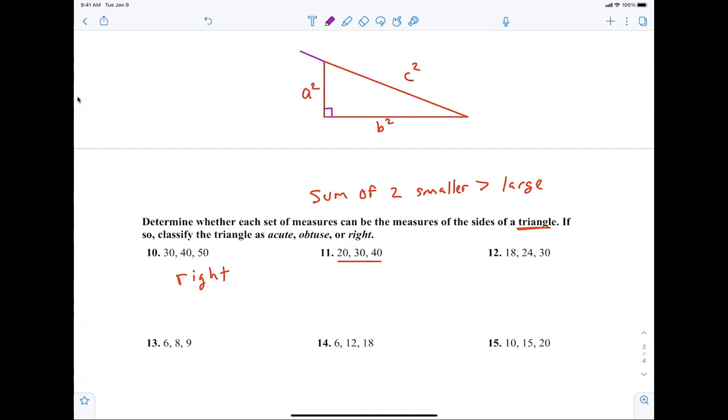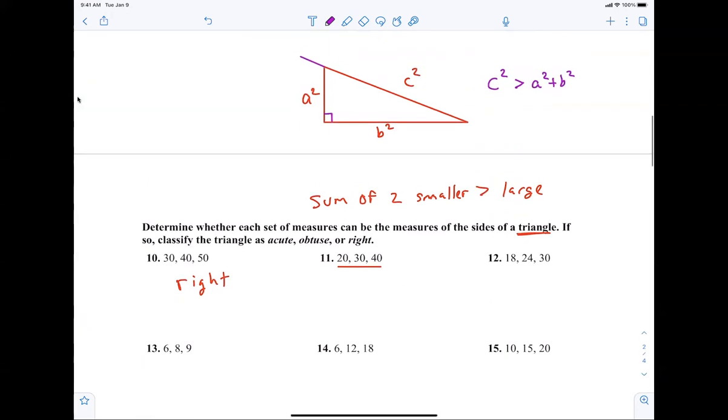So in my mind, if c squared is greater than a squared plus b squared, it's obtuse. But if c squared is less than a squared plus b squared, it's acute. And to me, that just made perfectly good sense.